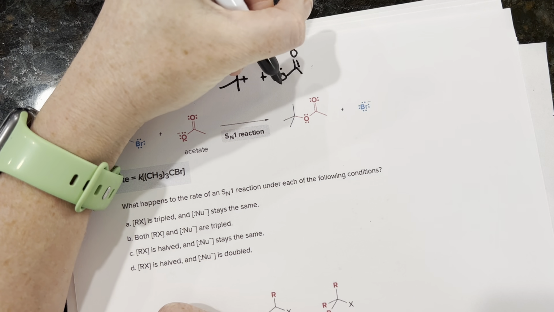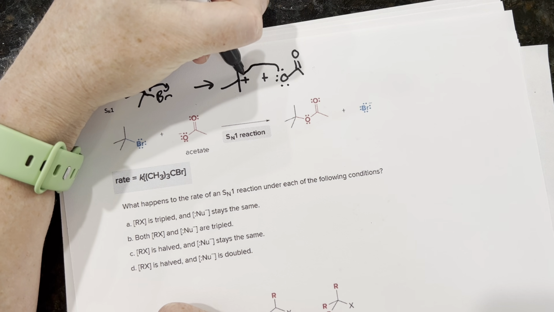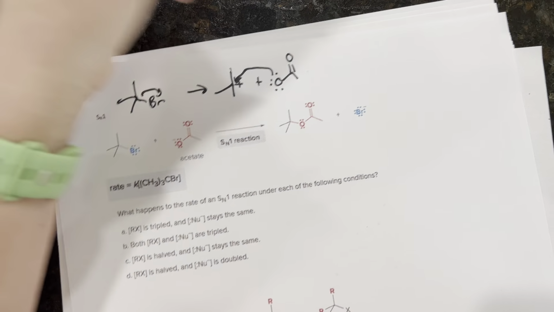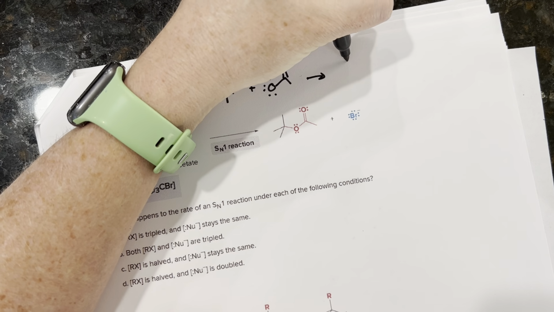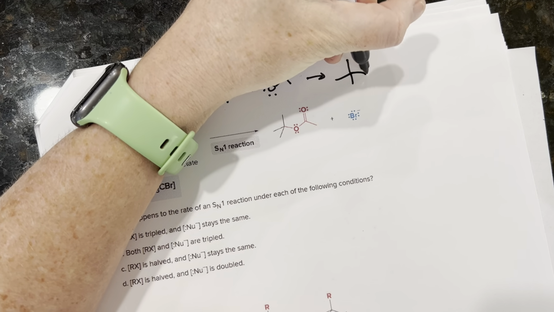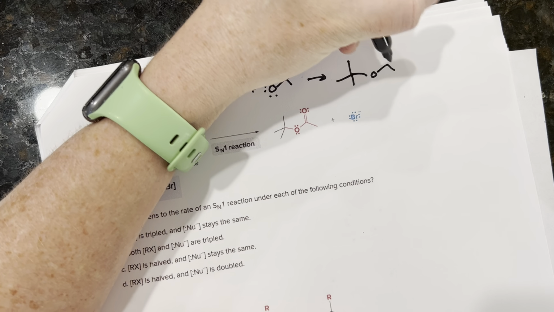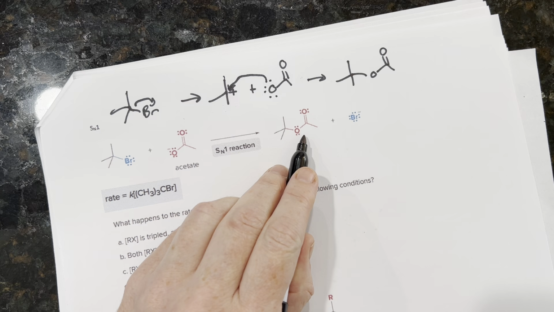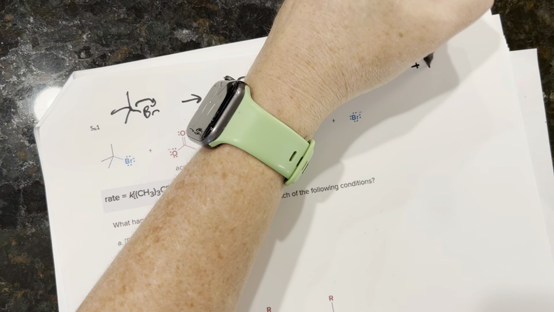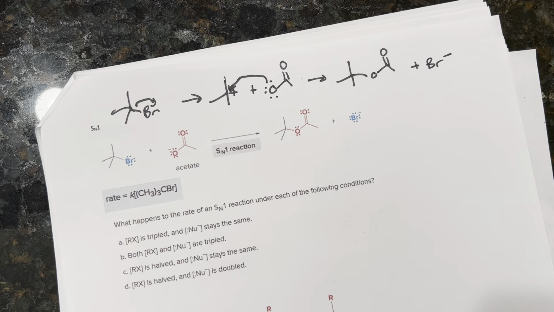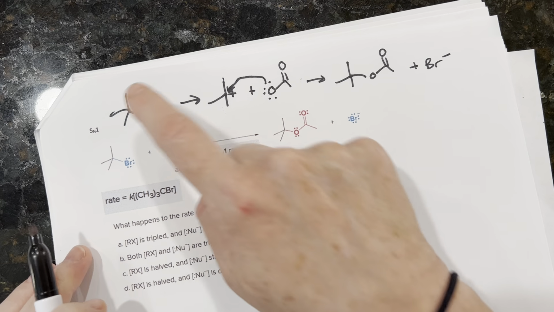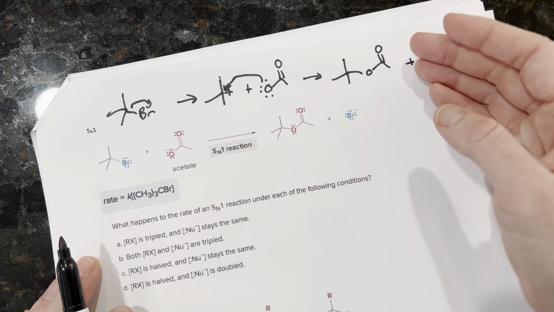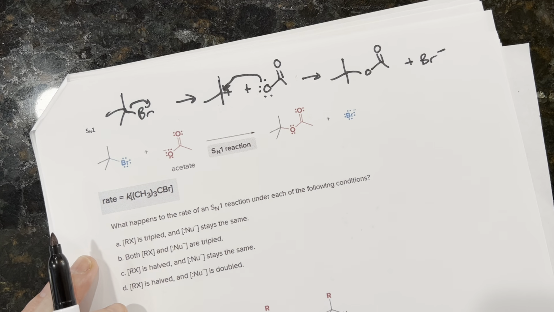And this negatively charged thing, this nucleophile, can then attack that carbon. And that's why you get the O like this, if that makes sense. So that's how you get this final product right here, plus a Br negative. All right, again, two steps. First step will always be it leaves, and then the nucleophile will come in and attack.